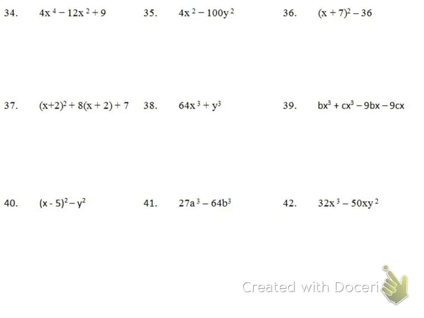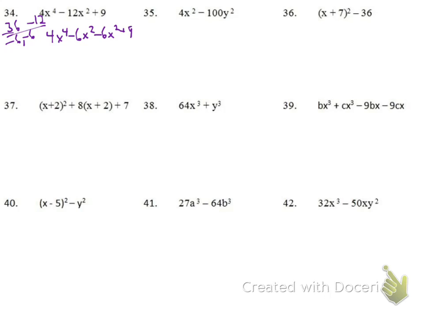34. I have 36, negative 12. To multiply to 36 to add to negative 12, what could we do? Well, 36 is 6 times 6, so we could do negative 6 and negative 6. We could try that out. So let's do 4x to the 4th minus 6x squared minus 6x squared plus 9.